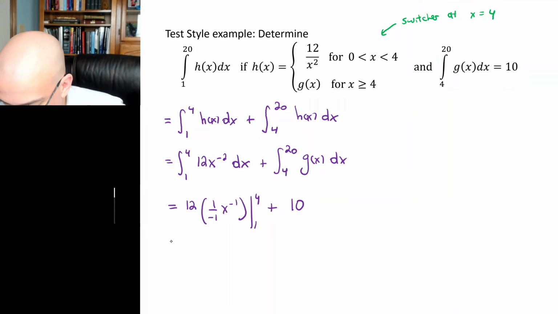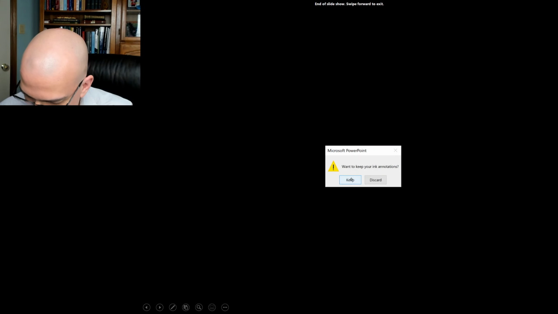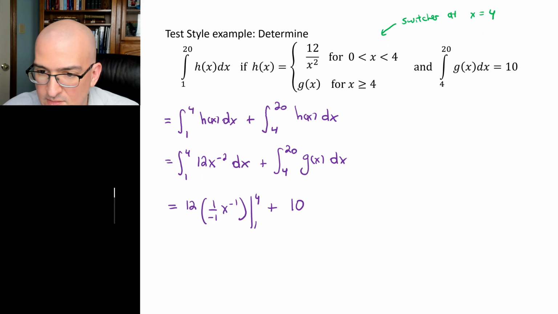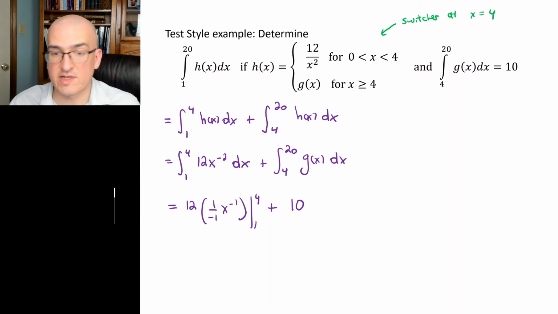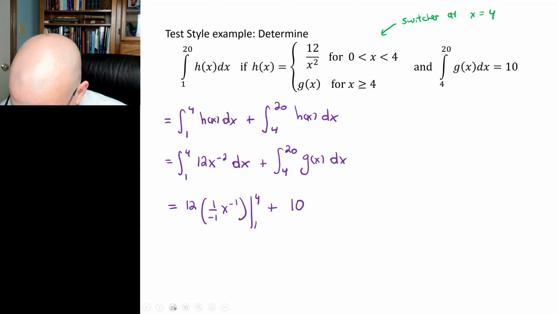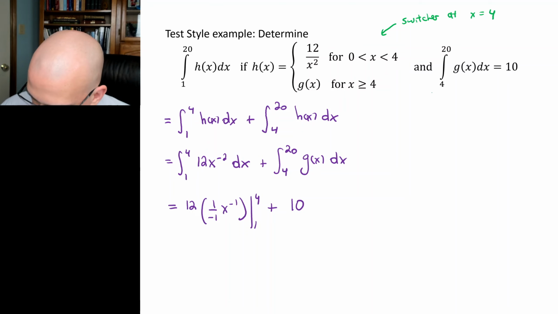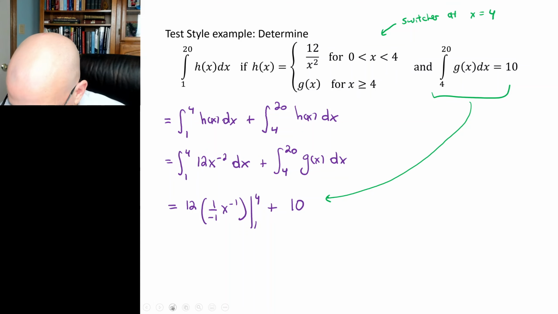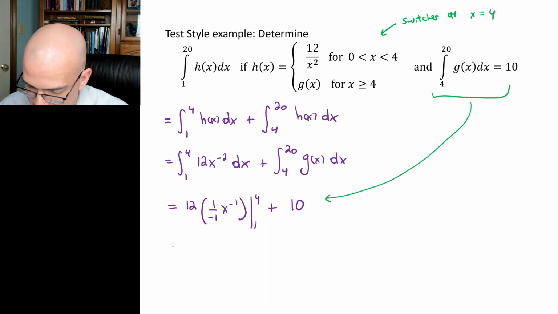Okay, so I'm going to plug in the bounds. That 10, by the way, I lost track of my thought there. That came from here. The integral from 4 to 20 was given to us. Okay, now we have to very carefully evaluate this function.